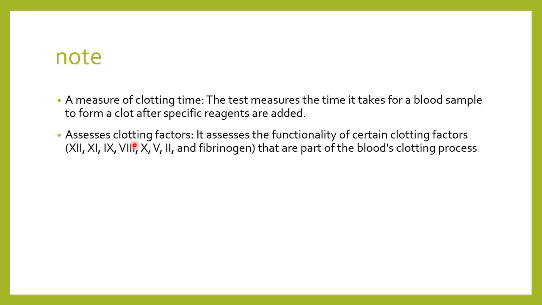So APTT measures the time required for your blood sample to clot after a specific reagent is added, and it will assess the clotting factors like factor 12, 11, 9, 8, 10, 5, 2 and fibrinogen, which are part of your blood clotting process.